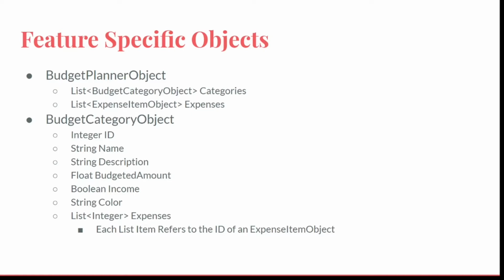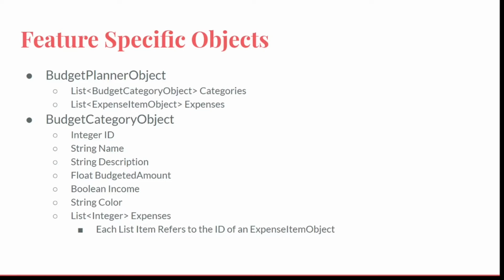And before even starting coding, I'm going to know if this data layout will work for what I want to do. My budget planner object will be split up into two different items. One is a list of categories and one is a list of expenses. The list of categories will be budget category objects, and the expenses will be expense item objects.